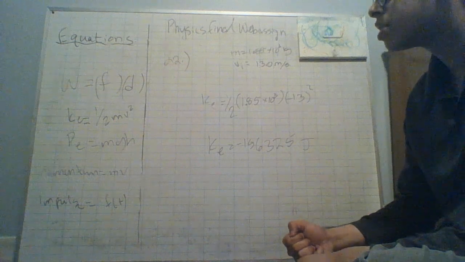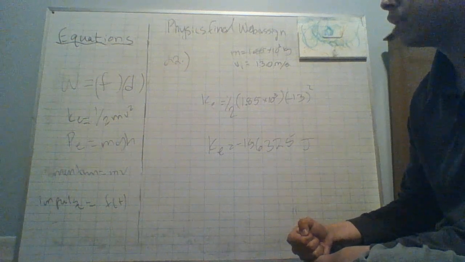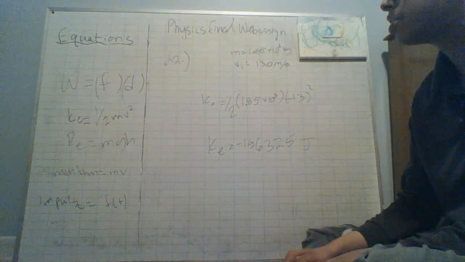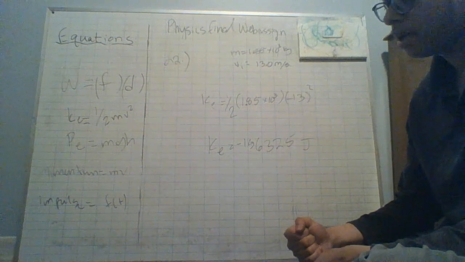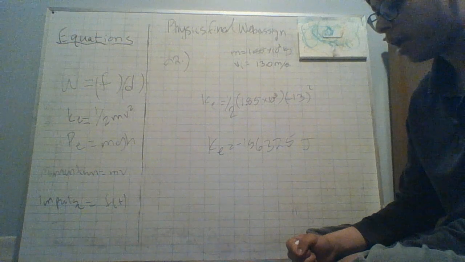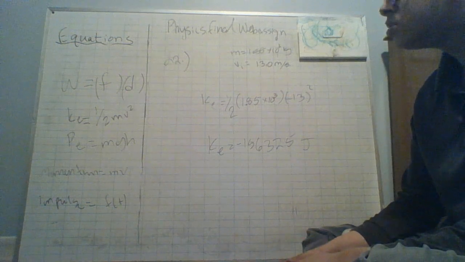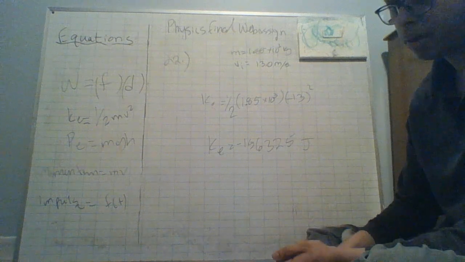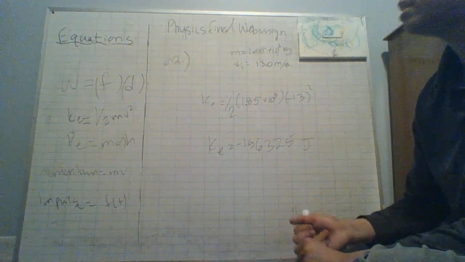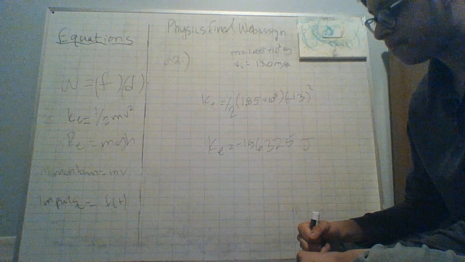It is exerting a force on the car, but it's not exerting a negative force on the car. The car is the one exerting the main force. So we're going to look at that. And the distance that the car is moving, we're going to assume that the distance to the right is not negative. So the distance is also positive. And due to that, the work has to be positive.